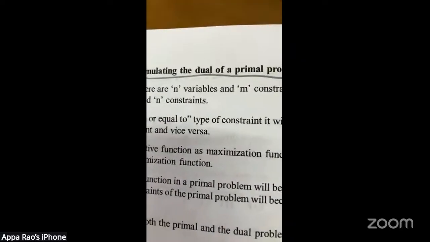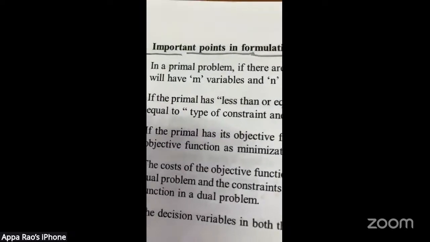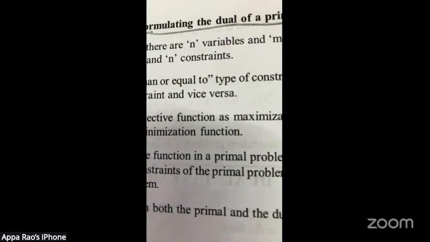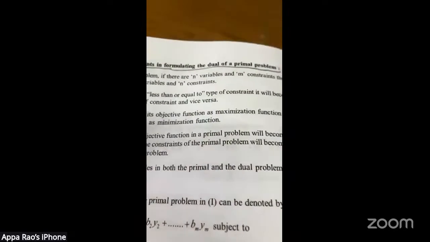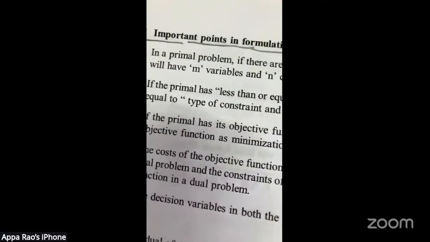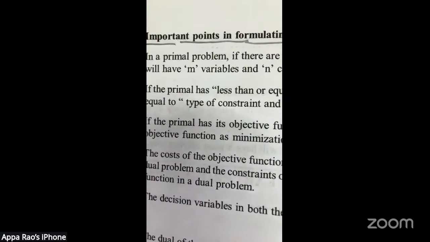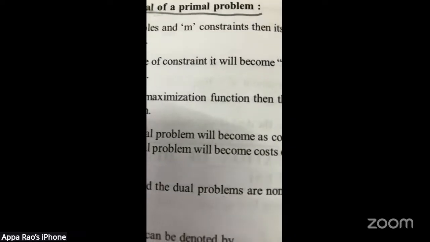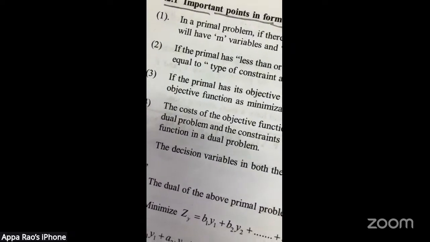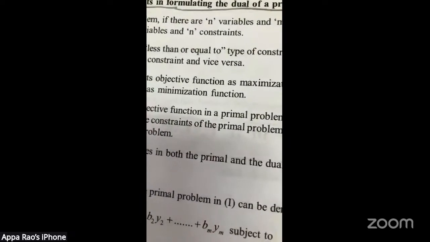So, important points in the formation of the dual of the primal problem. First one: if in a primal problem there are n variables and m constraints, then its dual problem will have m variables and n constraints.